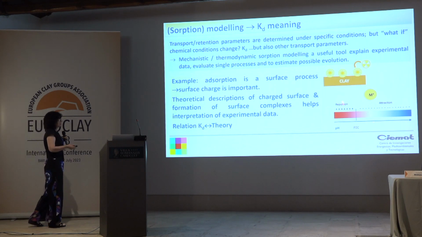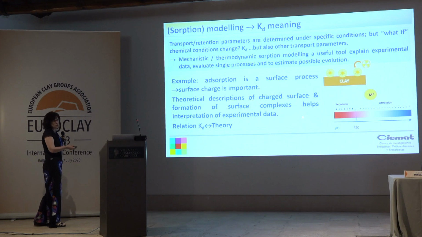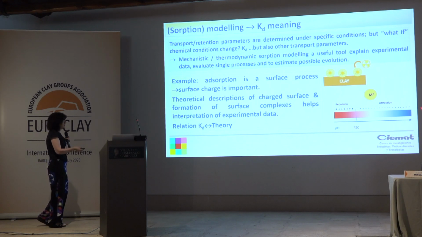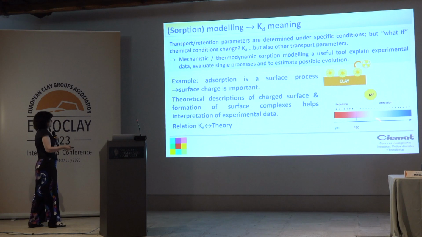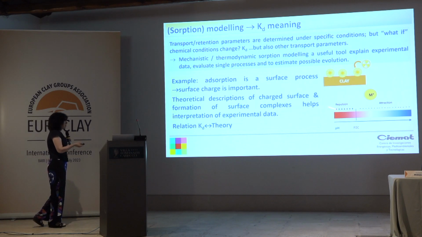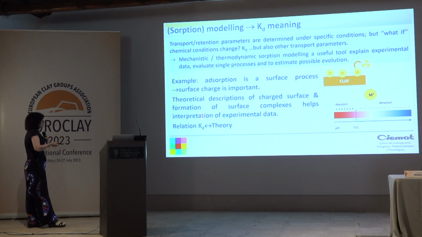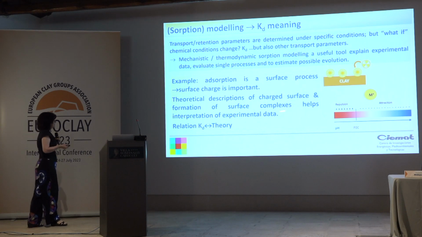It's quite evident that cations will go better in an attraction region than a repulsion one. So we have to understand the behavior of the surface charge, because from the surface charge we start to define surface complexes that will help to interpret our experimental data.